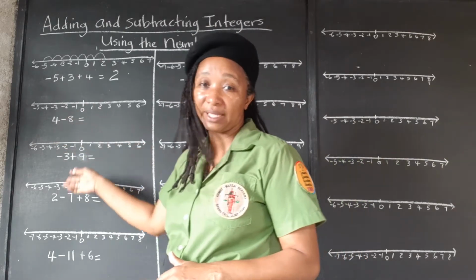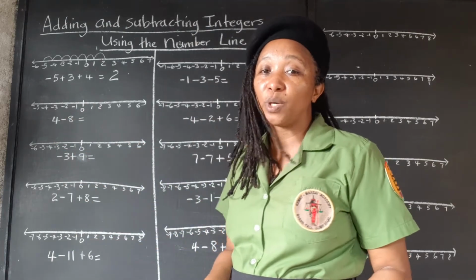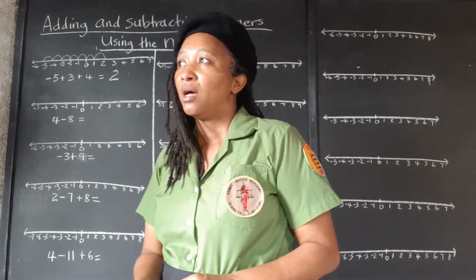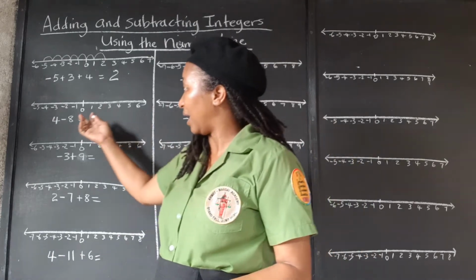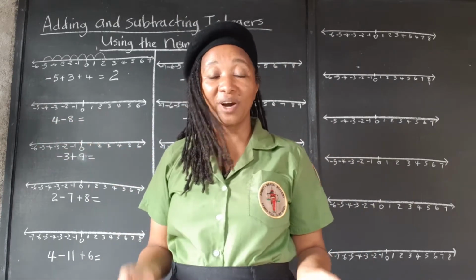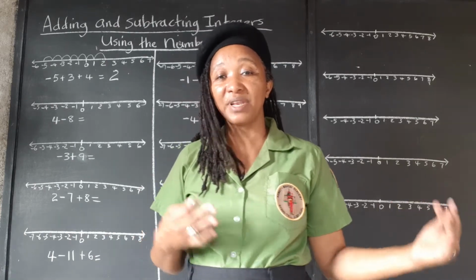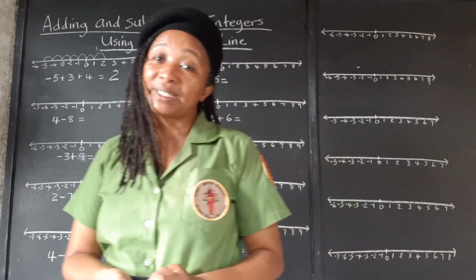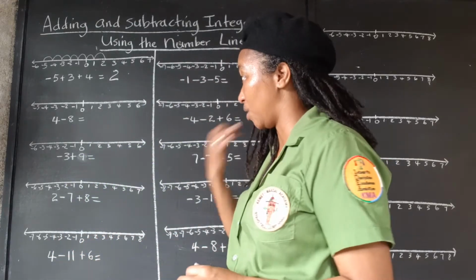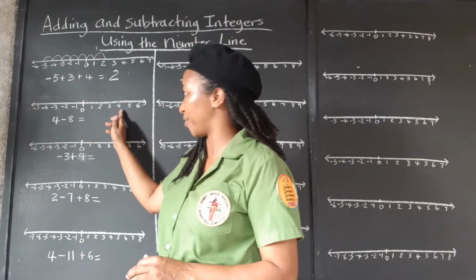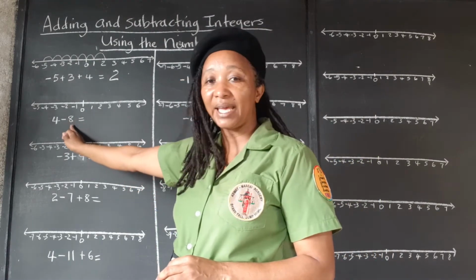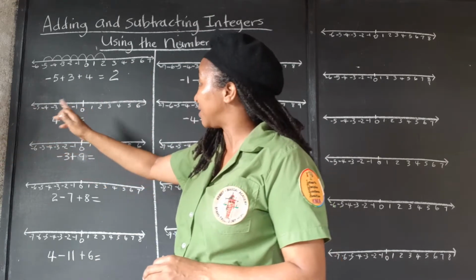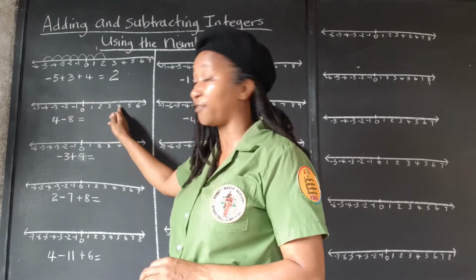4 take away 8. Now in primary school we were told you cannot take a bigger number from a smaller number. Now you're being asked to take 8 from 4. Well, now you have been introduced to the concept of negative numbers, numbers that are less than 0. So now you are able to take bigger numbers from smaller numbers. So imagine you're moving from 4, you're subtracting 8, so you're moving 8 places to the left, you're going to pass 0, because there's only 4 places from 0 to 4.